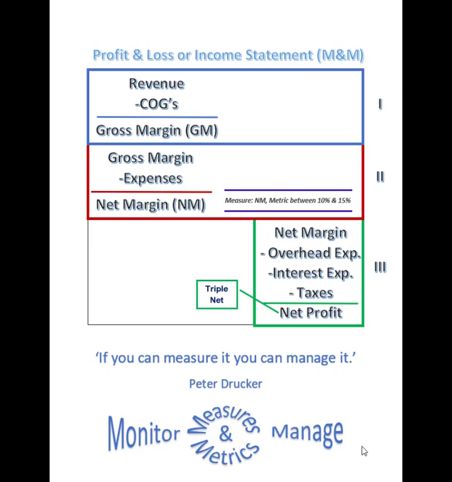There are a number of measures, as we've discussed, on the P&L that are extremely useful to us. The gross margin, the net margin, the triple net or net profit. These are all extremely important measures that we can use to help us manage and control the corporation.